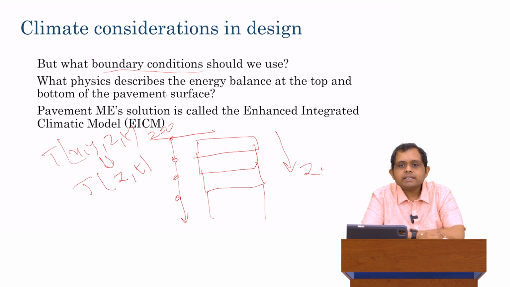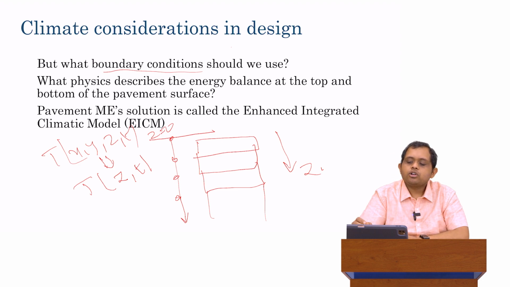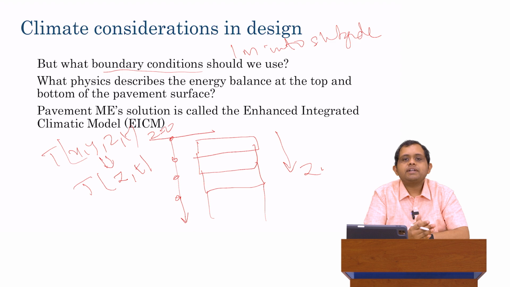Now, in theory, the bottom of the pavement is the core of the earth. It goes all the way down to the core of the earth, but we don't do that sort of modeling. We typically consider the bottom of the pavement to be roughly 1 meter or 1000 millimeters into the subgrade. So for the purposes of calculating the effect of temperature or climate on pavements, we assume that the bottom of the pavement is 1 meter into the subgrade, and then we stop over there.